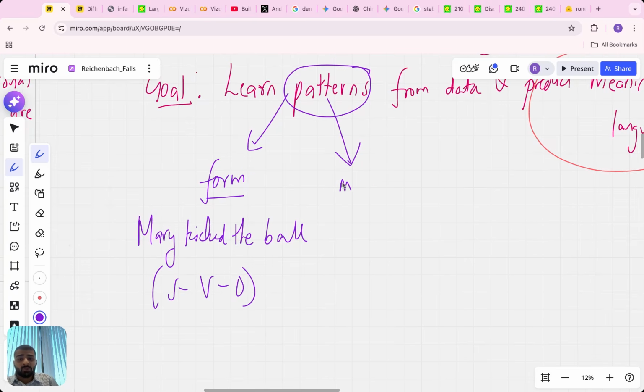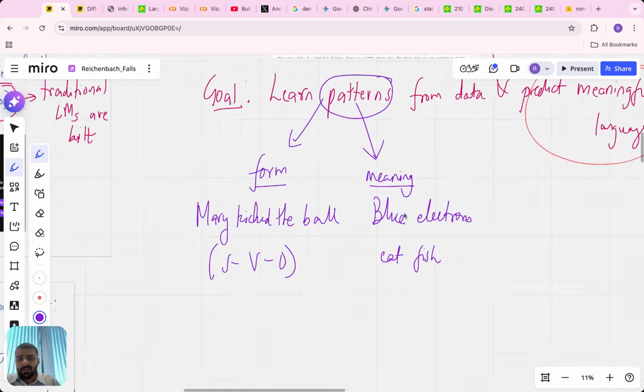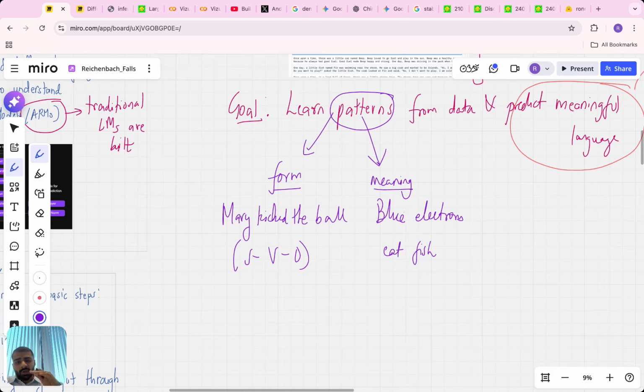And there is also meaning. The model should understand form, which means it should not mess up this order. It should not say "Mary ball the kicked." That means it has not understood the correct grammatical constructions. And the model should also give sentences which have meaning. For example, take a sentence such as "blue electrons eat fish." This sentence does not make sense. Although its form is correct, its meaning is not correct. So I want my language model to learn the form as well as the meaning from the underlying data.